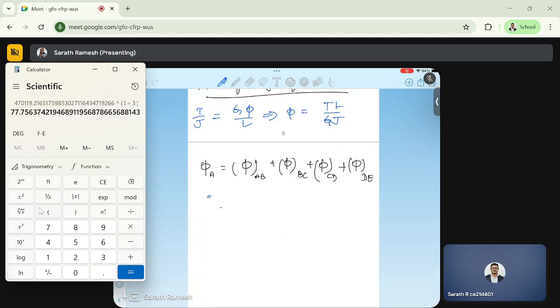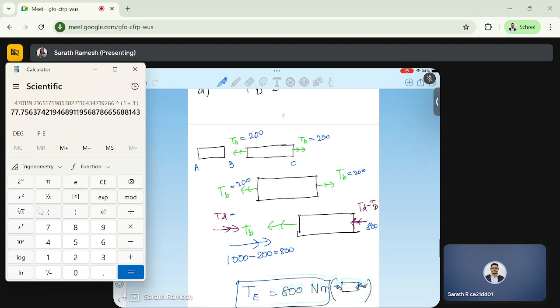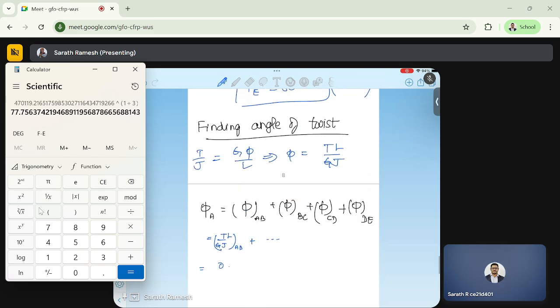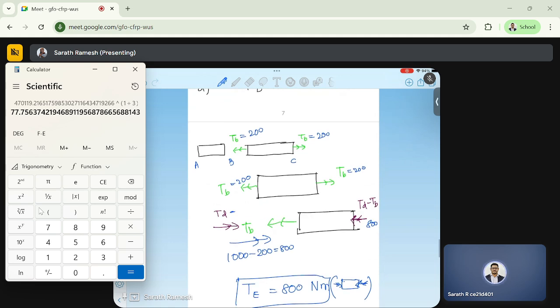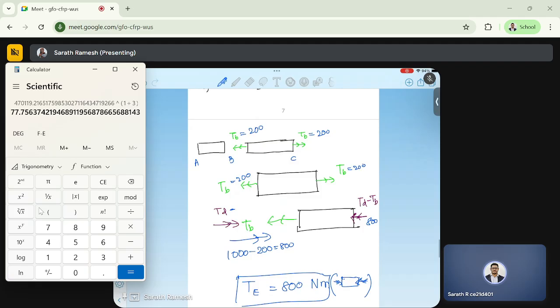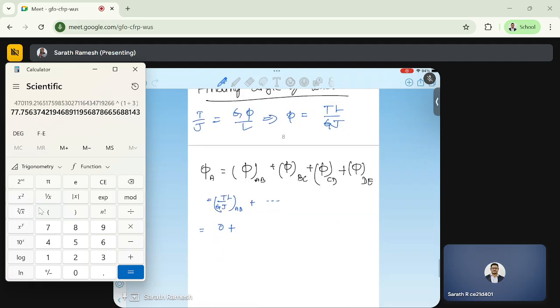This will be T by GJ of AB and so on. What is T of AB? 0. Plus what is T of BC? BC is positive 200 Newton meters, right?